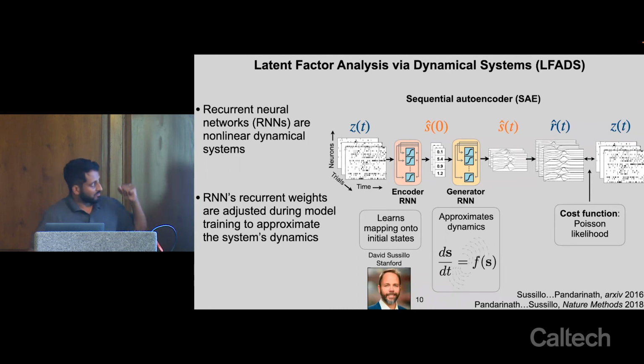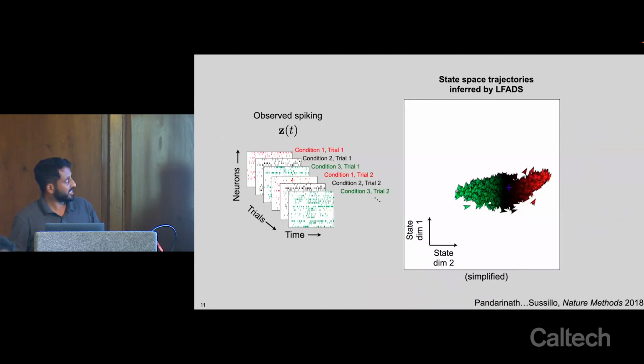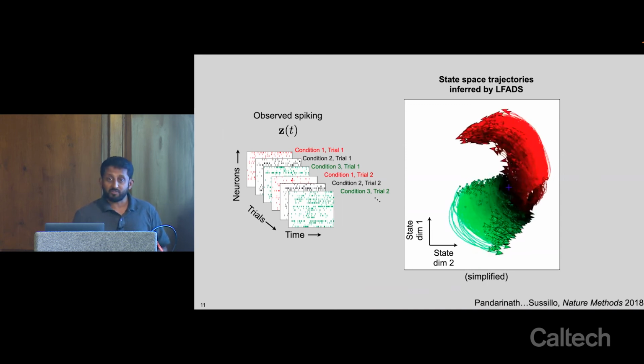Okay, so what do we actually get when we do this? I already showed you Mark and John's rotational dynamics that they got from trial averaging the data and then using PCA and jPCA. Here's what the output of LFADS looks like for those very same data.